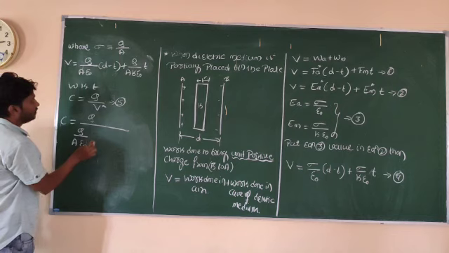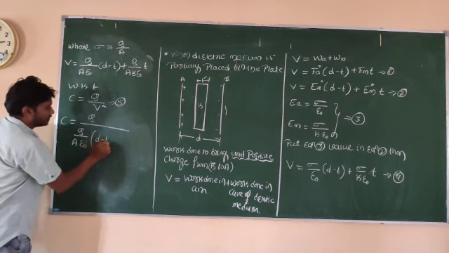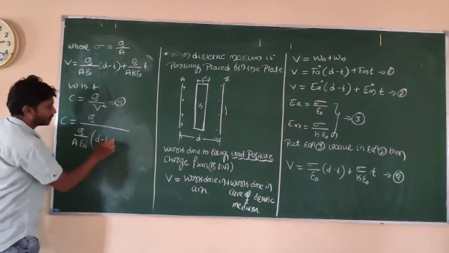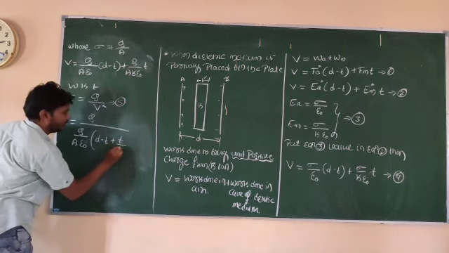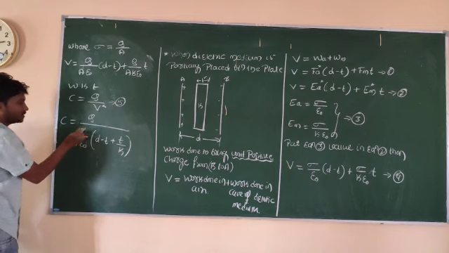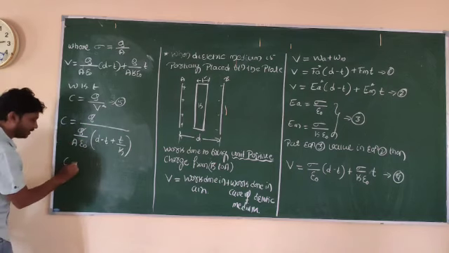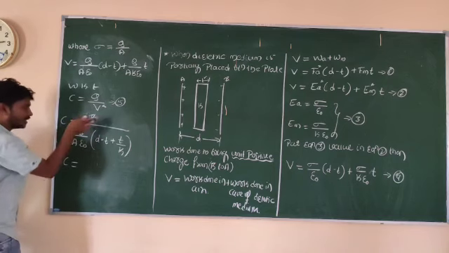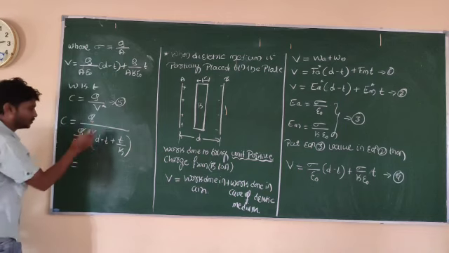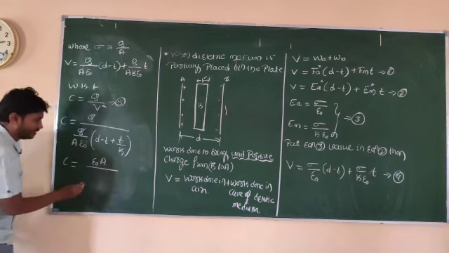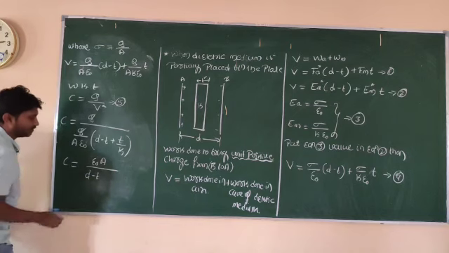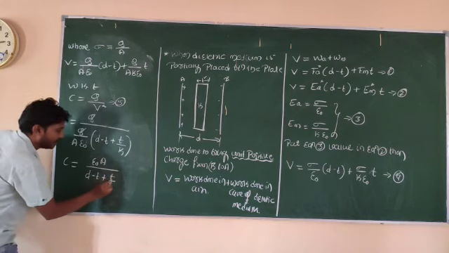So this is D minus of T plus of T by K here. So Q term will get cancelled out here. So epsilon naught into A, that term will go to numerator. So that is epsilon naught A divided by D minus of T plus of T by K.